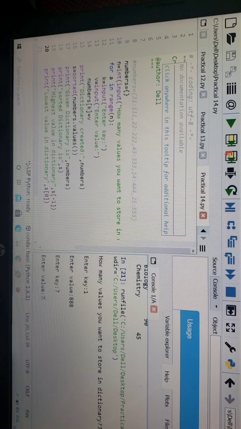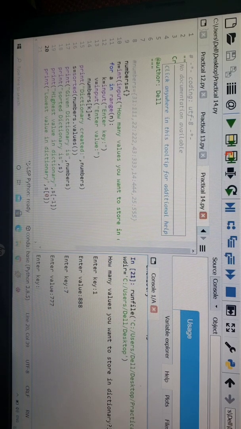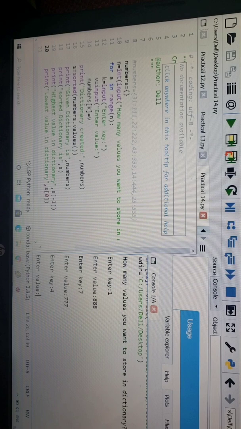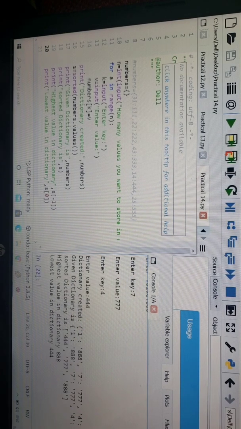Any other thing also you can take, it's not like that you have to take this one only. Then you can have, okay, 4. So you can see 1, 888, 7, 777, 4, 444. Then this is our given dictionary. Then its values are sorted, and according to the sorted values, highest value is 888 and lowest value is 444.